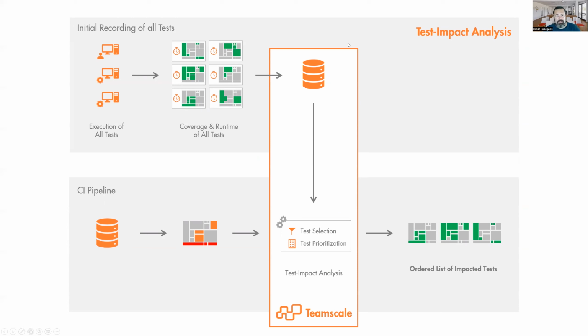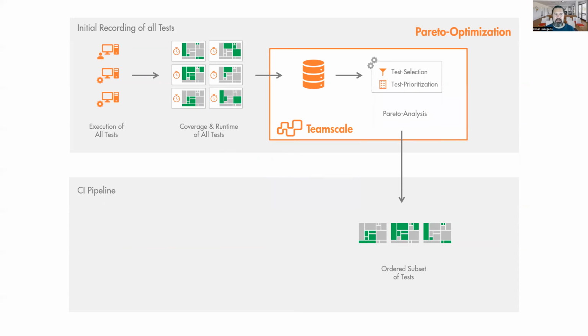While test impact analysis requires continuous recording of test case specific coverage and a deep integration into the continuous integration pipeline, because every single time we run the test suite, we need to query Teamscale which tests to execute now. Pareto optimization is simpler.